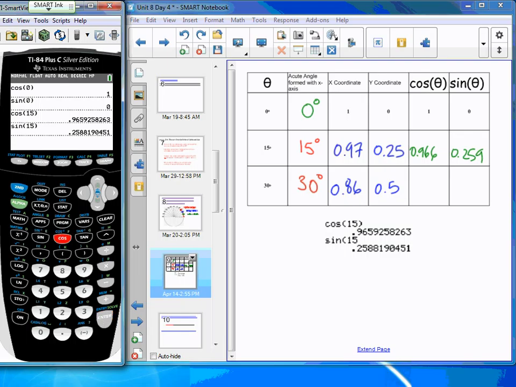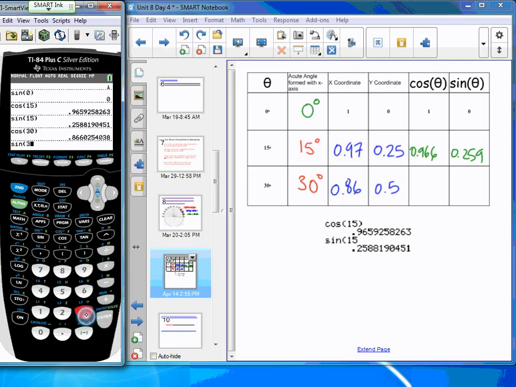Let's enter the cosine of 30 degrees. Let's enter the sine of 30 degrees. We're getting about 0.866 and about exactly 0.5.